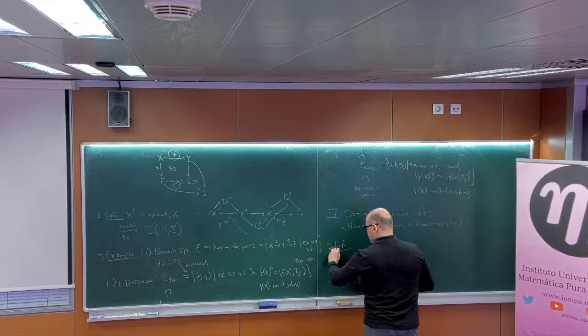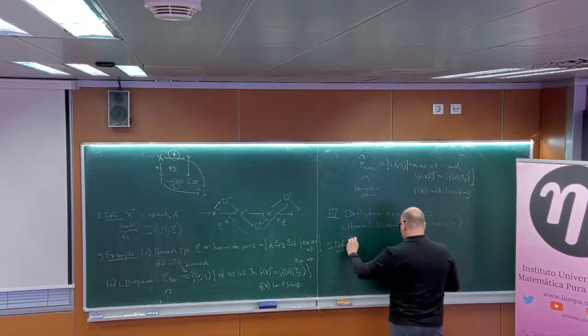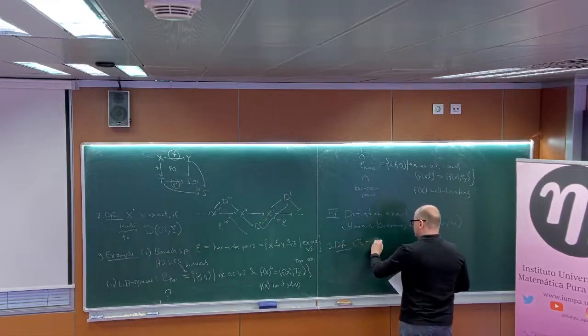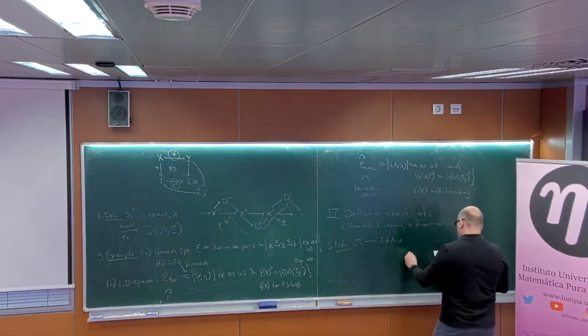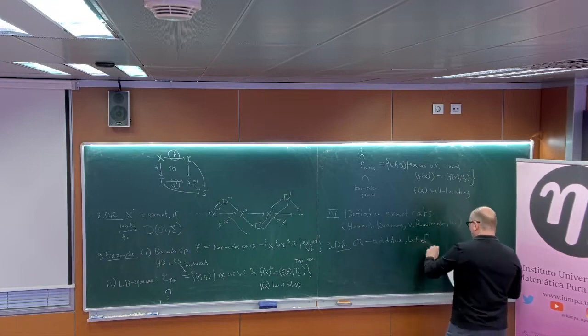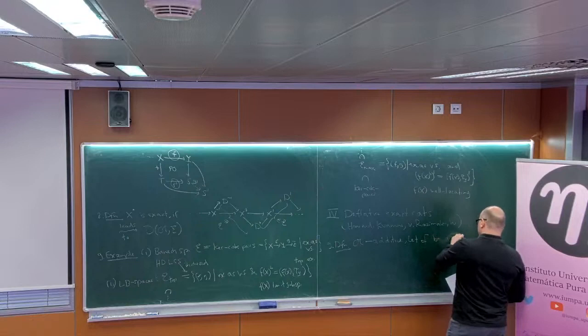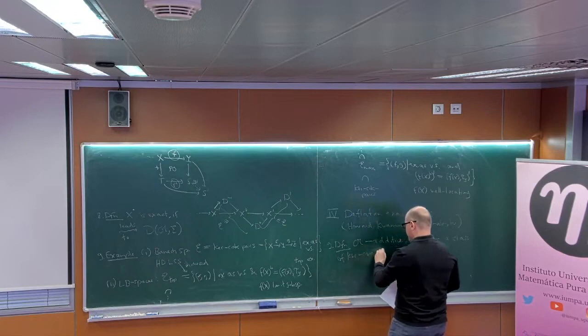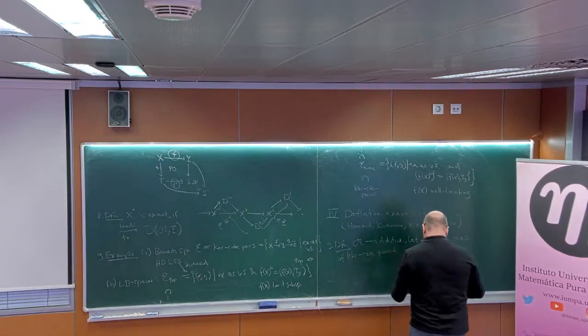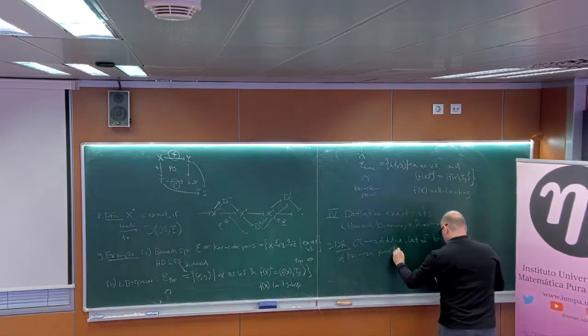So, definition 9. Again, A additive as before, and we take a class C of kernel-cokernel pairs.